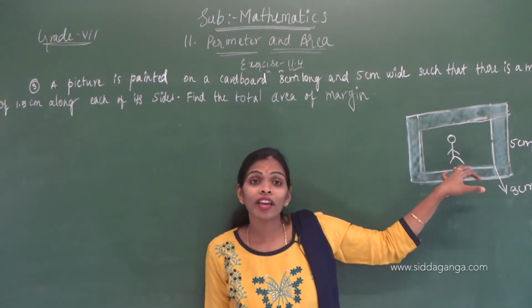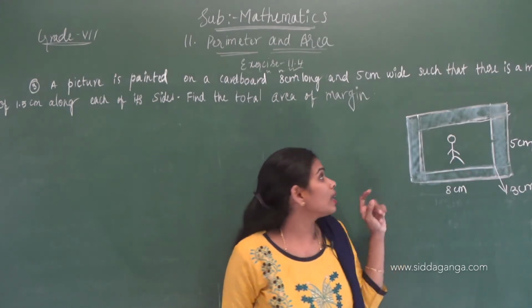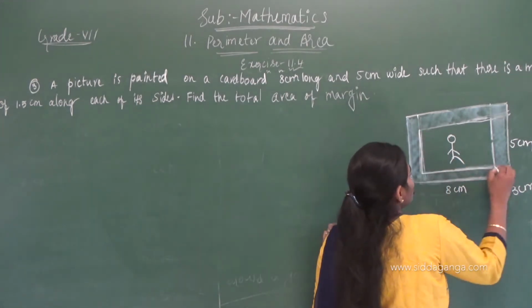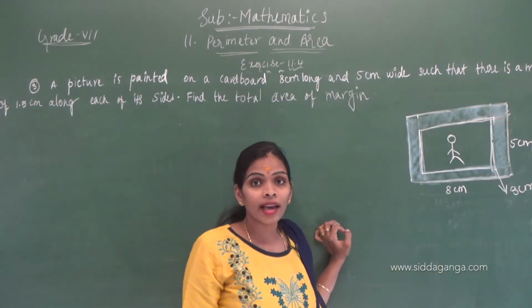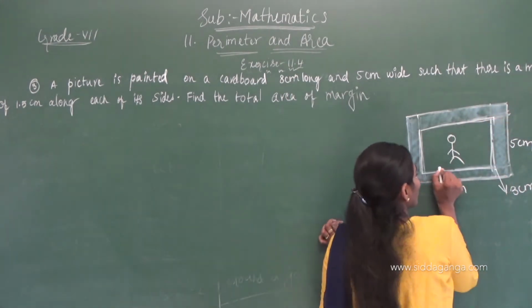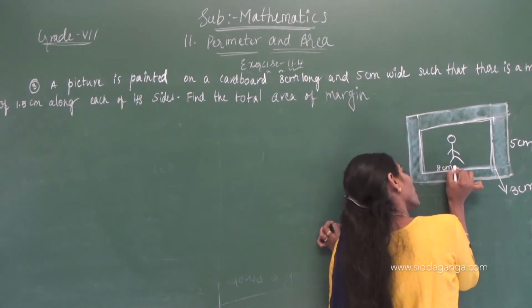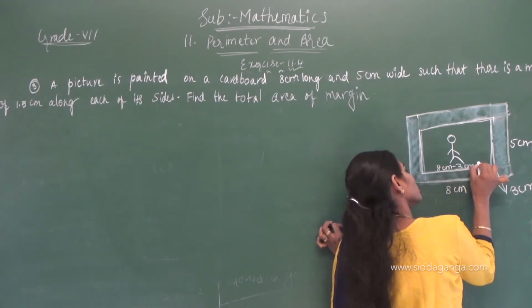Here we can find the margin's rectangle, we have to consider this one as the inner rectangle. What will be the length of that one? 8 centimeters minus 3 centimeters minus 3 centimeters.